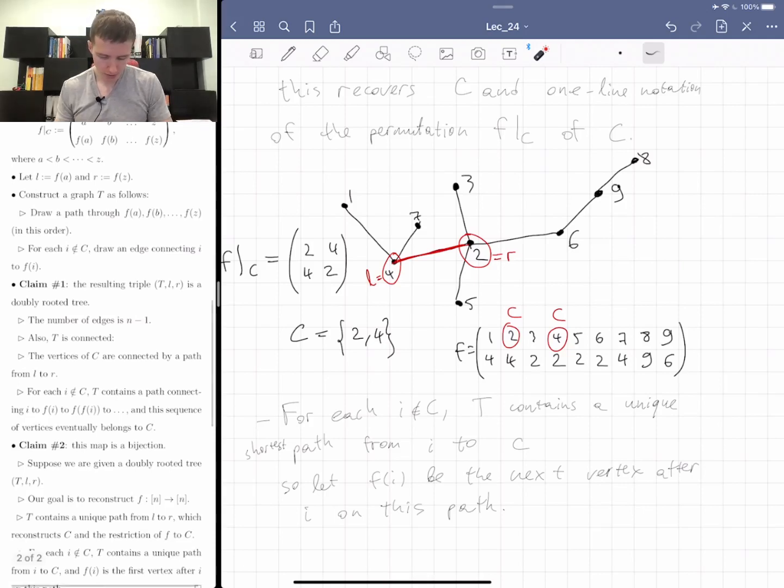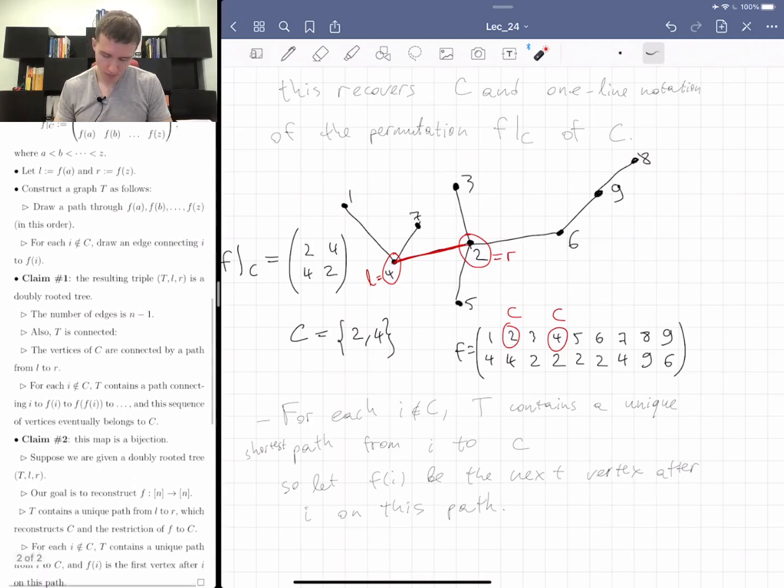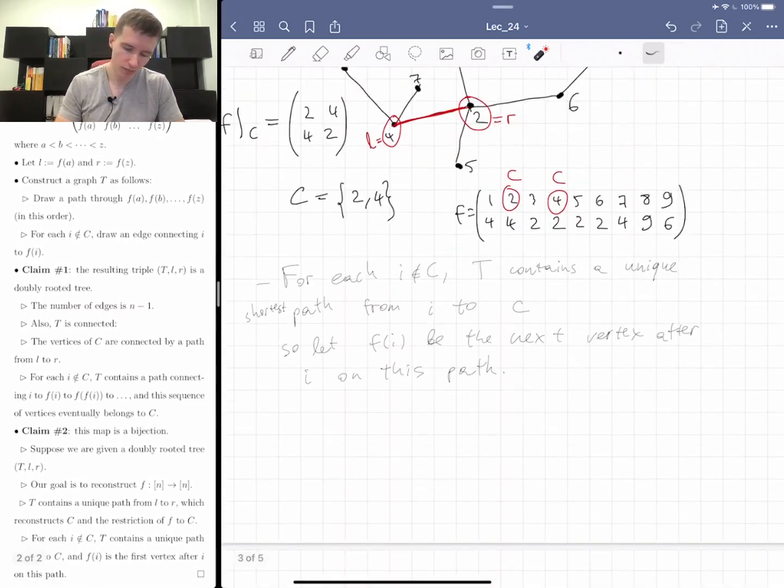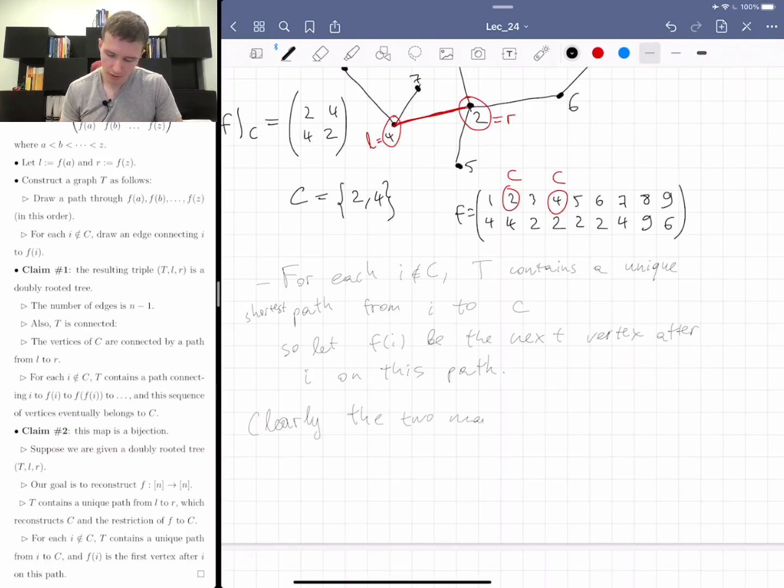And so yeah, clearly the two maps are inverses of each other. So that proves the second claim and finishes the whole proof of this Cayley formula.